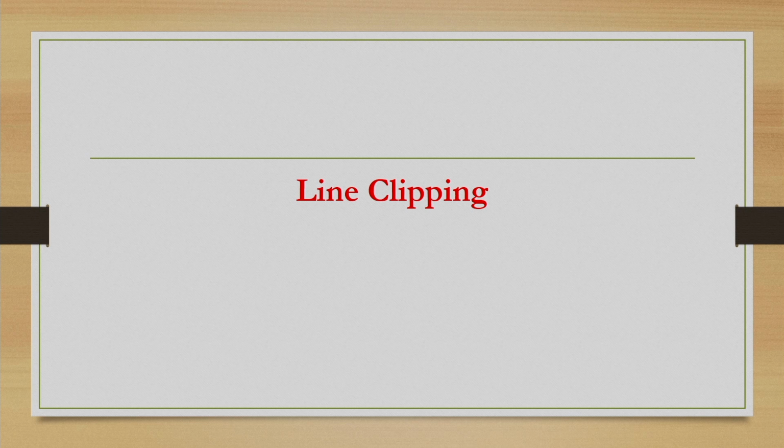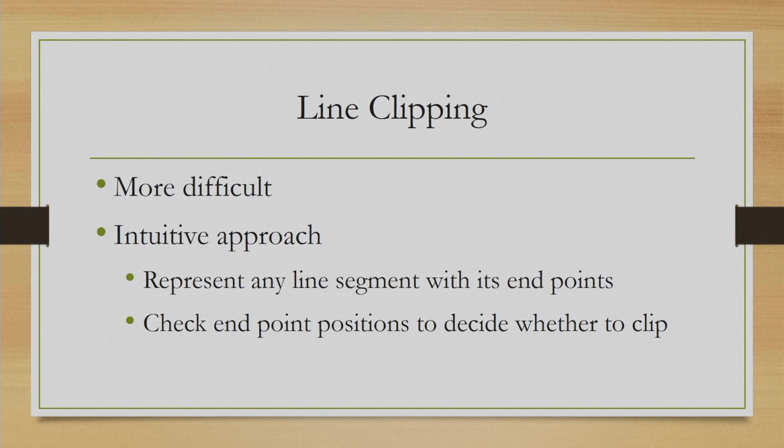More complicated is line clipping. Here we do not have a single point, we have a large number of points to consider. So, the corresponding algorithm would be more complicated than what we have seen for point clipping. Let us first talk about a very simple intuitive approach.